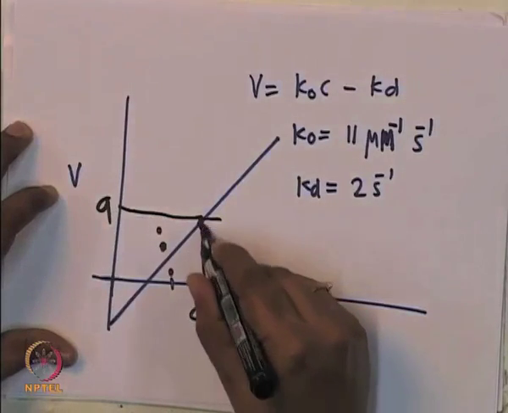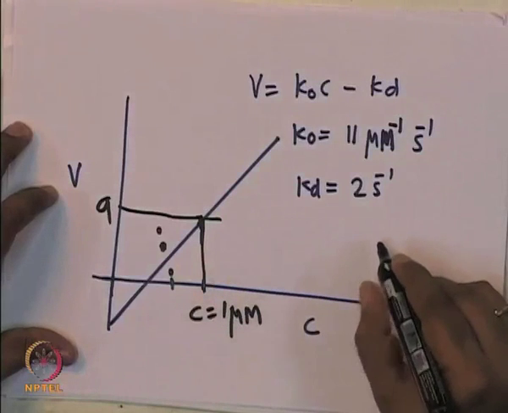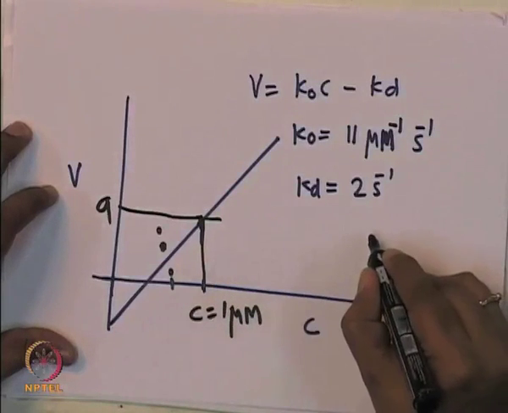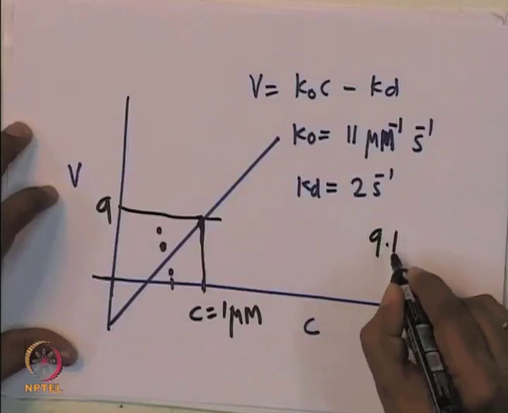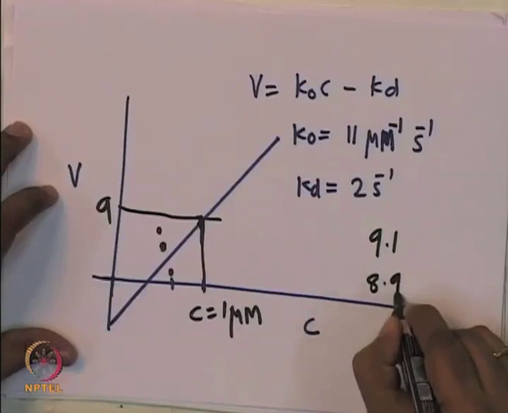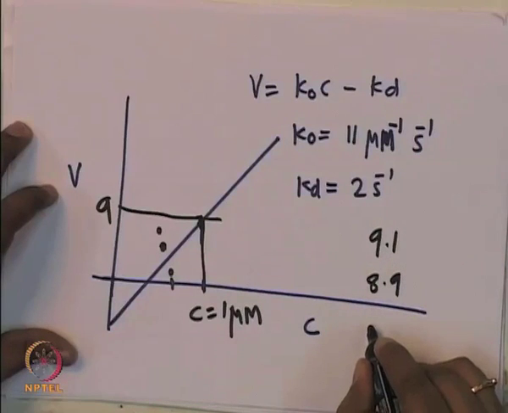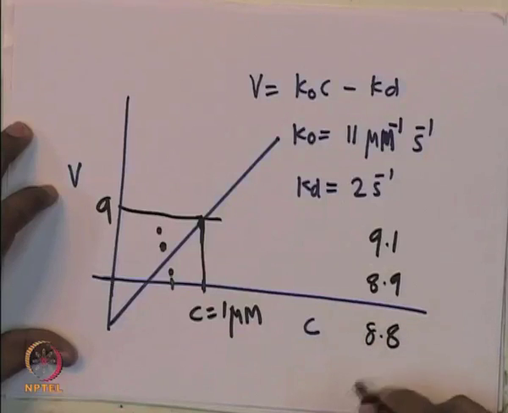When C is 1, theoretically the value is 9, but if you do an experiment, I might get the velocity 9.1 monomer per second, somebody else might get 8.9 monomer per second, somebody else might get 8.8 monomer per second, somebody else might get 9.2 monomer per second.